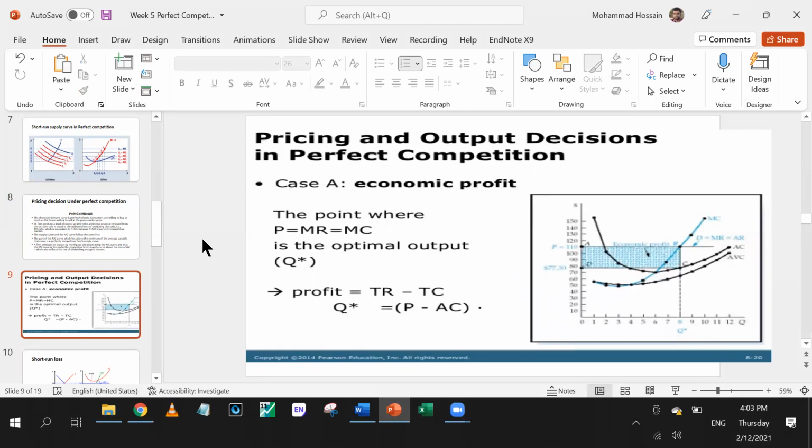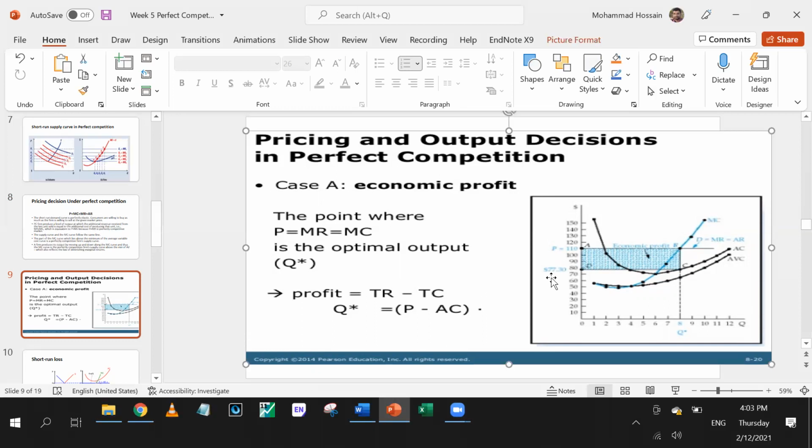So you can see here the profit is this. Look at case A, economic profit, which we talk about. You can see here this is your marginal cost curve. You see the blue line, that's the marginal cost line. Let's say your production is at this point. You're producing this much in here. Okay, let me make it a little more.